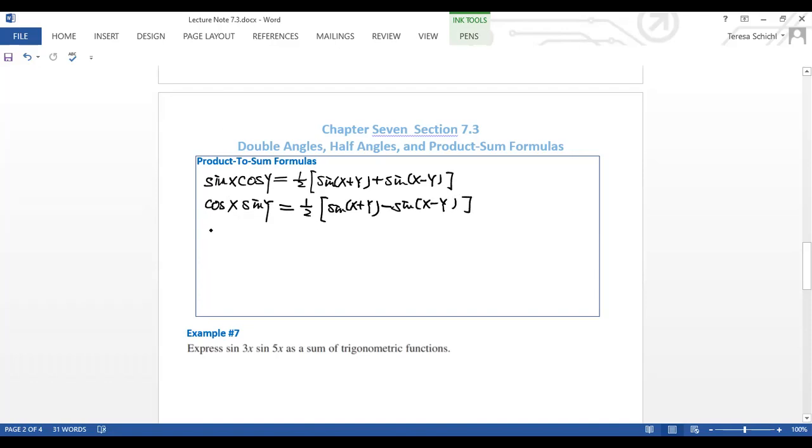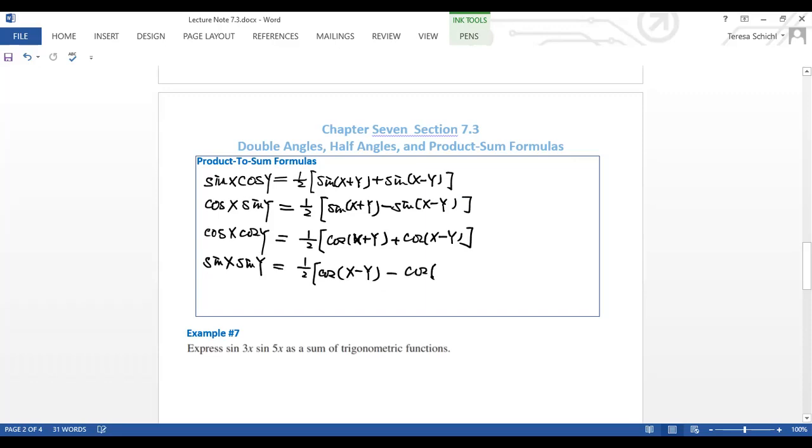If I have cosine times cosine, this will be 1/2 times cosine of x plus y, plus cosine of x minus y. Then if I have sine times sine, I will have 1/2 times cosine of x minus y, minus cosine of x plus y.